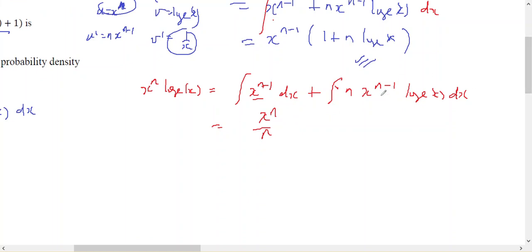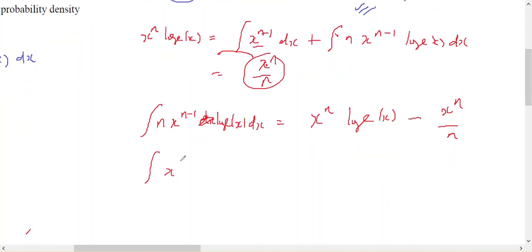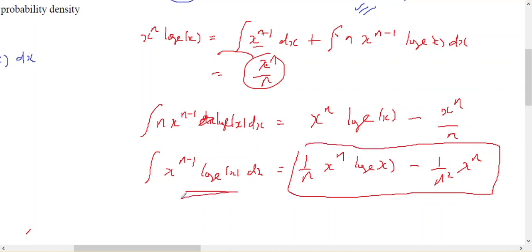So I can comfortably say, rewriting this on the left-hand side, the integral of n x^(n-1) log_e(x) dx equals x^n log_e(x) minus, because that would go to the other side and become a minus, x^n on n, which means the integral of x^(n-1) log_e(x) dx equals 1 on n x^n log_e(x), minus 1 on n^2 x^n, as being the expression that would represent this integral.